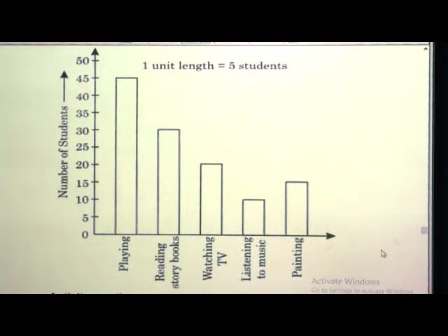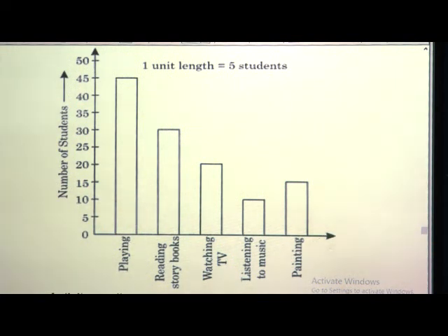So, this is the bar graph. Here we have taken number of students. 1 unit length is equal to 5 students. So the students will come in multiples of 5: 5, 10, 15, 20, because 1 unit length is equal to 5 students.